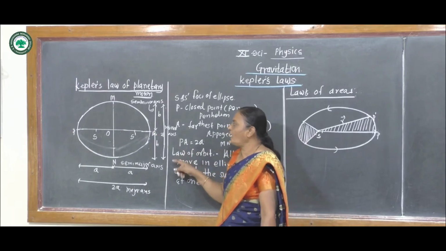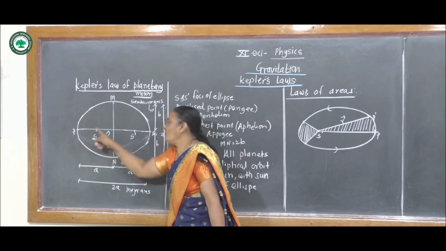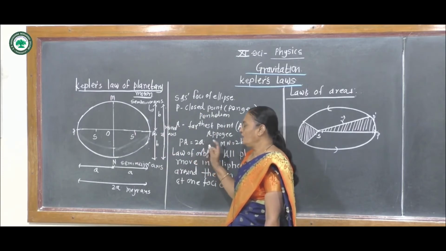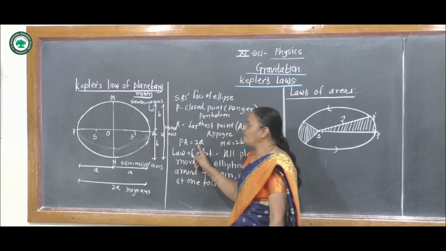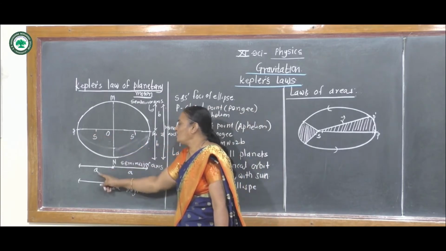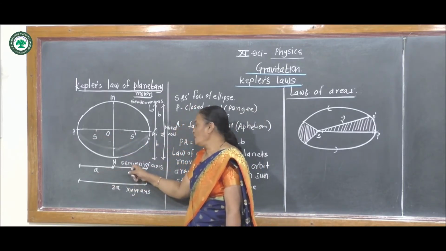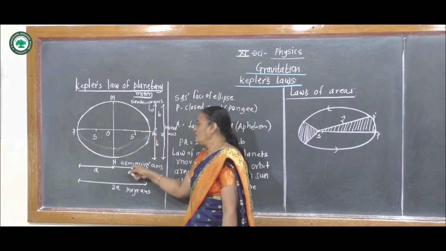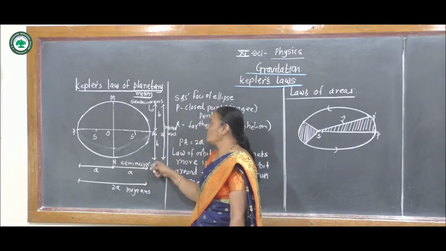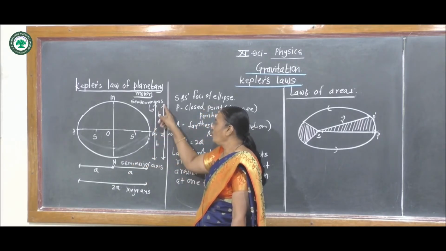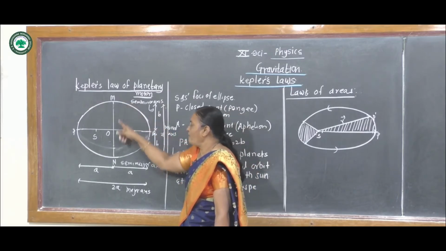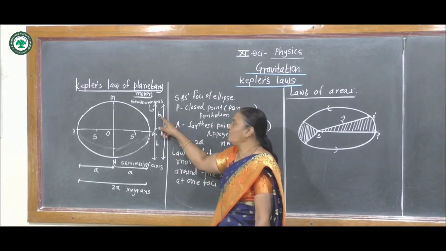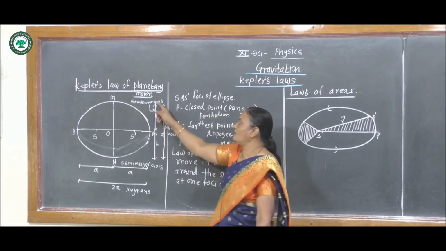The distance PA is equal to 2A, called the major axis. The distance OP is equal to A, the semi-major axis. The distance OA is also A, also called the semi-major axis. The distance MN is 2B, called the minor axis. The distance B is the semi-minor axis.